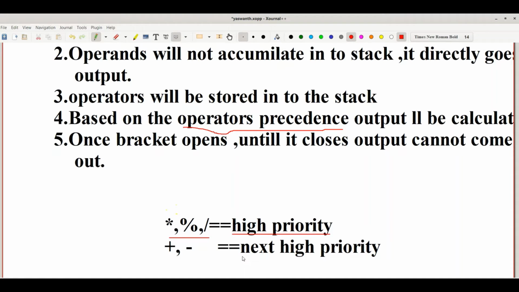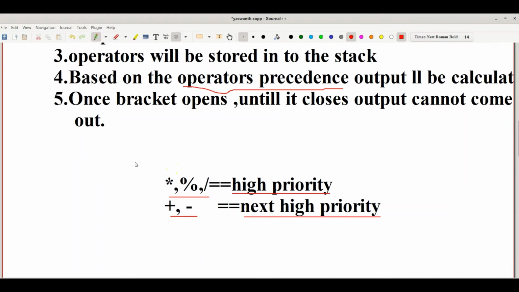The next highest priority is addition and subtraction. So based on the precedence, which means priority, it will be calculated. And the fifth rule is, once a bracket is opened, until it closes, the operators in between the brackets will be stored and cannot come to the output. Only on the closing of the bracket will the output be calculated.